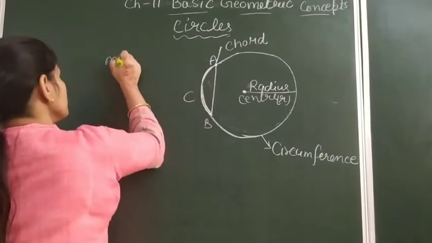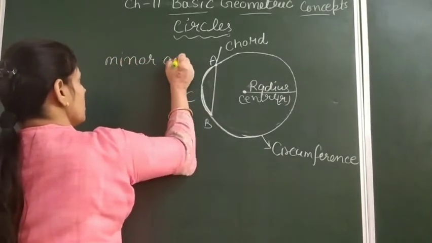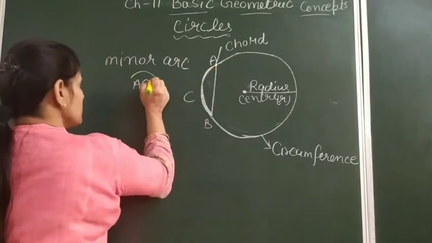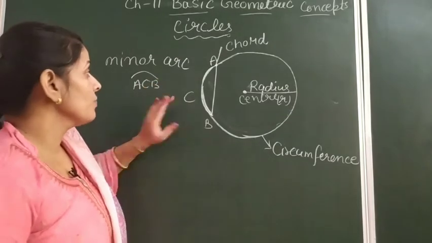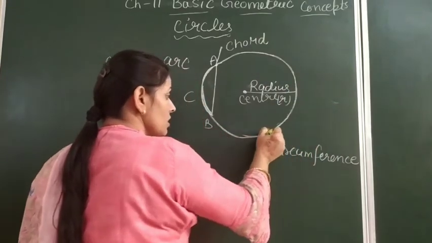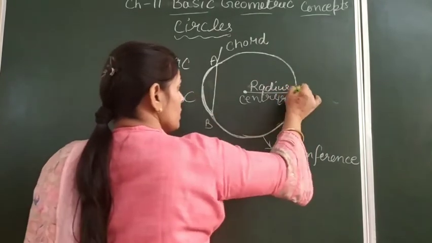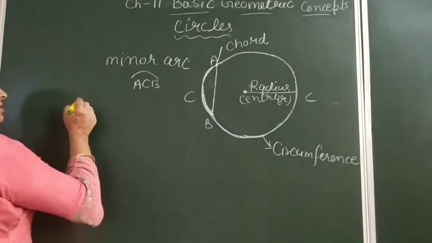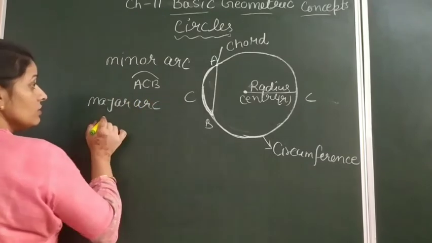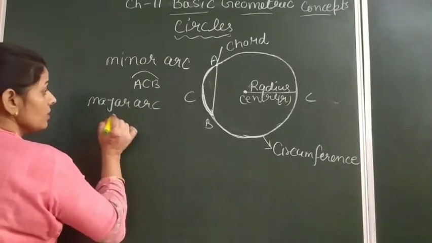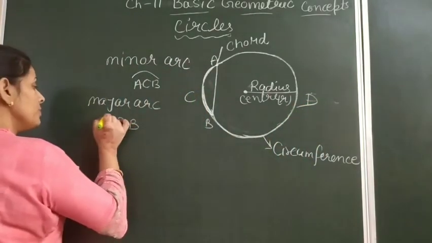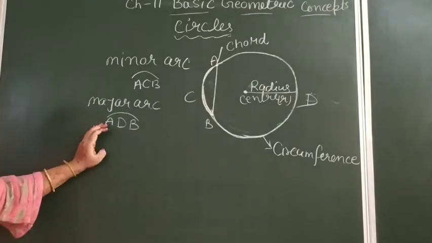This is your minor arc, denoted by ACB, if this is point C. This portion is your major arc, and if this one is D, it can be written as ADB.